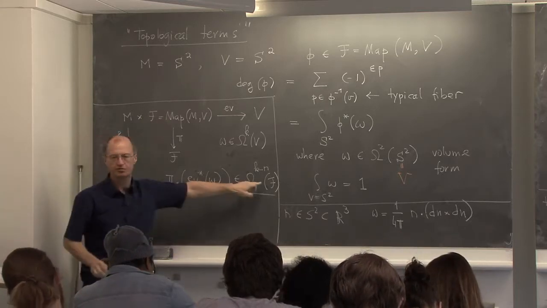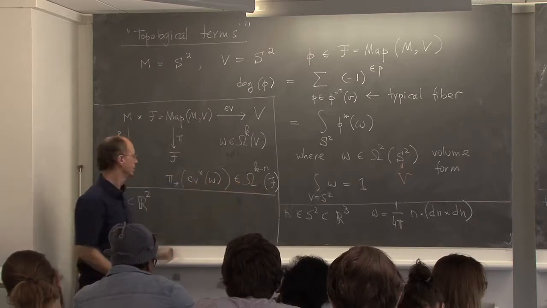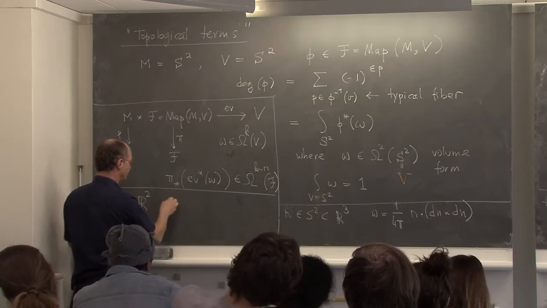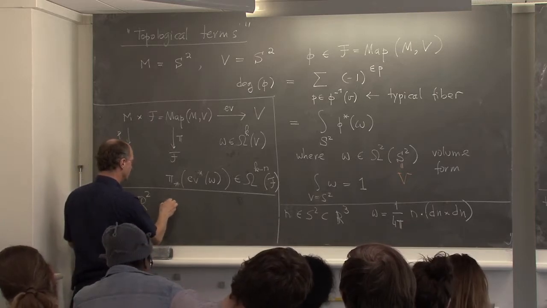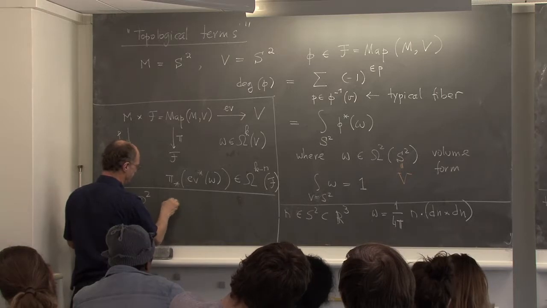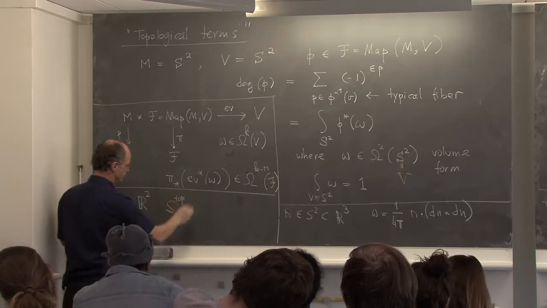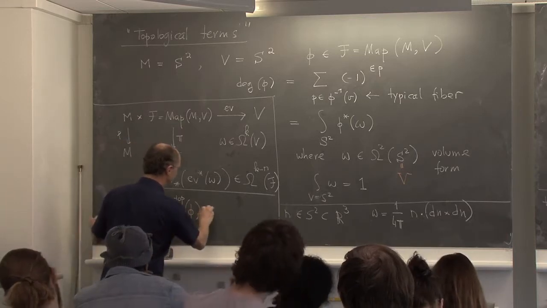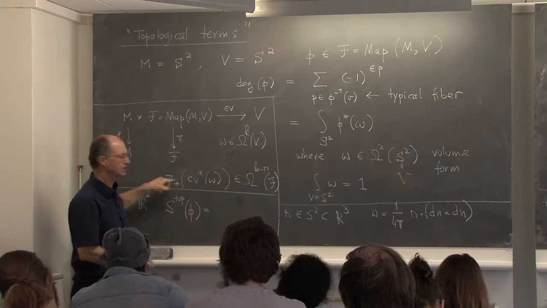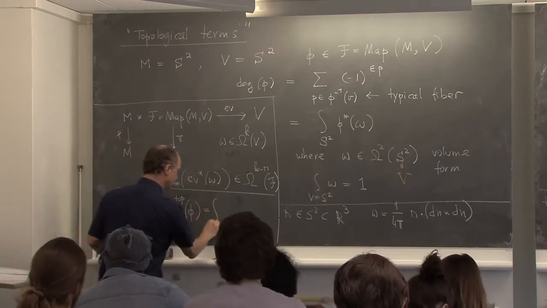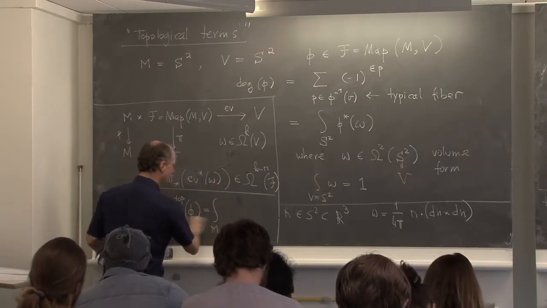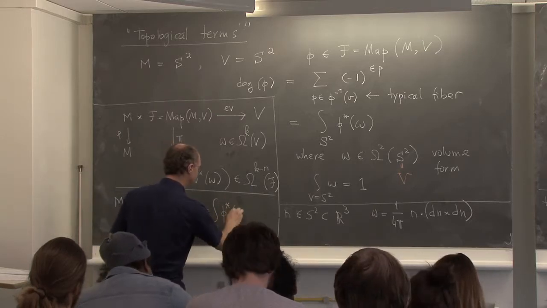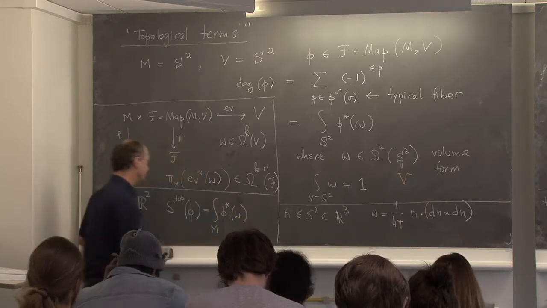I can still very well run this construction. So this will give me some kind of function, let me call it S top of phi, which is just given by this expression. In other words, by the integral over M of phi star of omega.